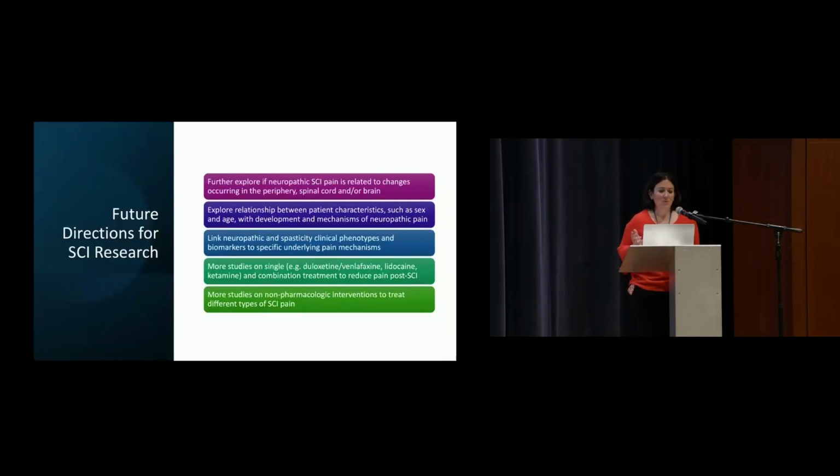So I have a huge wish list of future directions for spinal cord injury research. I'd like to see more literature exploring the underlying pathophysiology in these patients and the mechanisms behind pain and spasticity, more studies on single agents and combination therapies, and more studies on some of the non-pharmacological interventions that treat neuropathic pain.